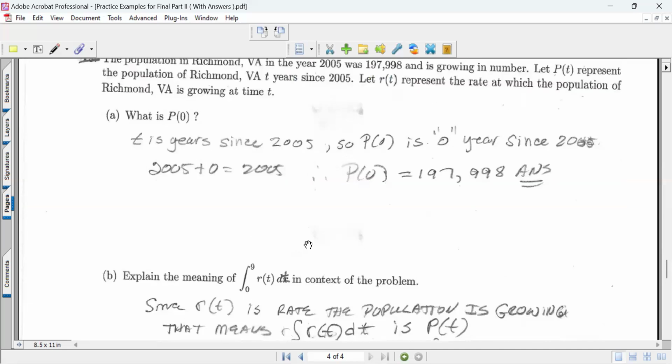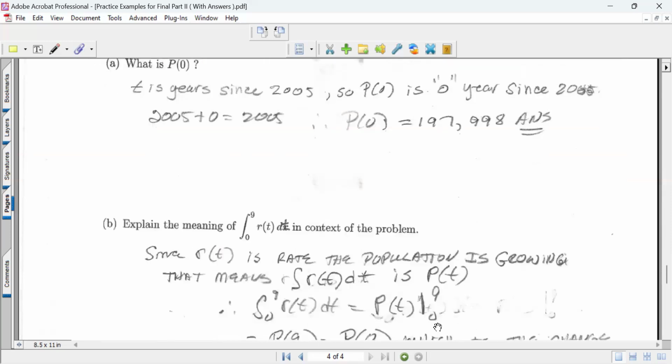It would seem clearer if they had r prime of t as the rate, but they don't. They've called it just r of t, and that's kind of a distraction there. But r of t is the rate at which it's growing, so the integral is the population, or p of t.